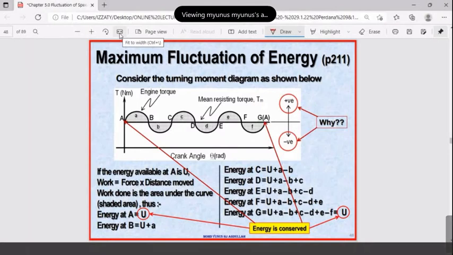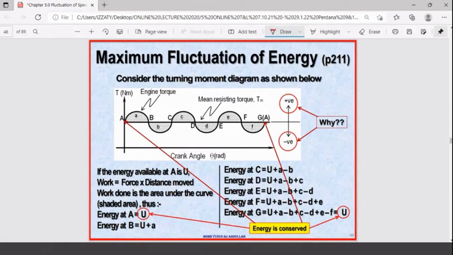Okay, now, assuming that you have been provided such a graph, which has a straight line here, and then it fluctuates from A to G. You know that the input graph will keep fluctuating, coming from the internal combustion engine. Assume this is the engine torque, and the straight line here is the mean resistance torque, and we call this T mean.